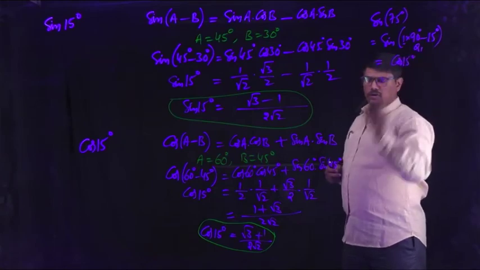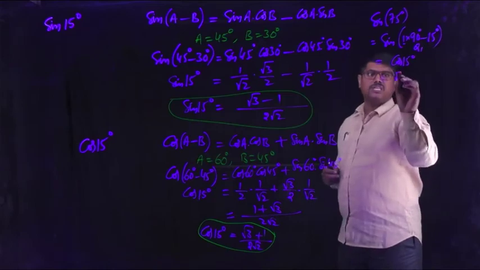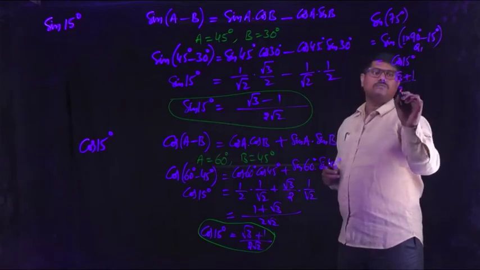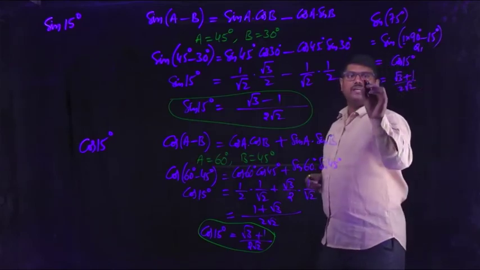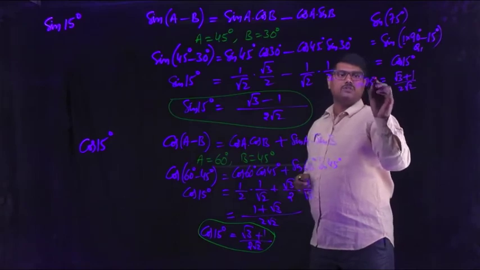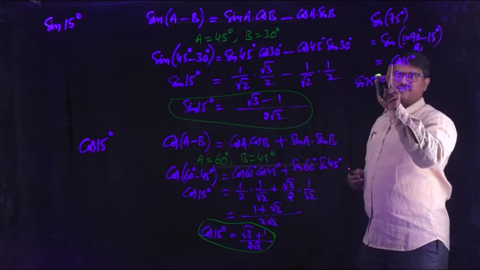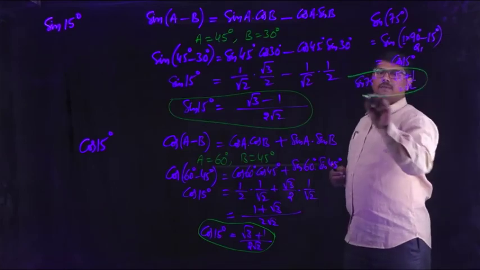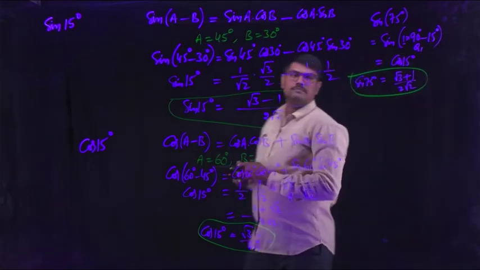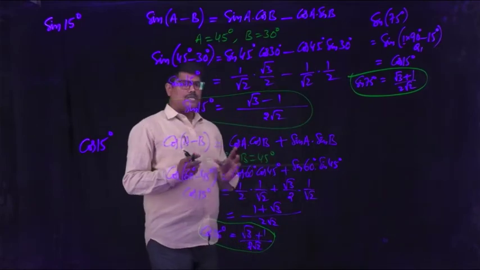Already we have the value of cos 15, which is root 3 plus 1 by 2 root 2. So sin 75 is nothing but cos 15, root 3 plus 1 by 2 root 2.